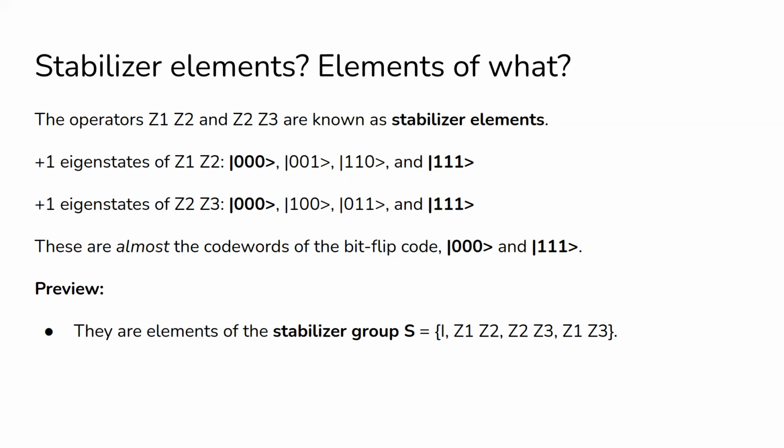But then with generators, you take products. If I take the product of both of these, I'll get Z1, Z3. And then I can also square each individual one, and I'll get the identity. So this is a group, known as the stabilizer group. The +1 eigenspace of this stabilizer group is now exactly these code words. So you see the relation.